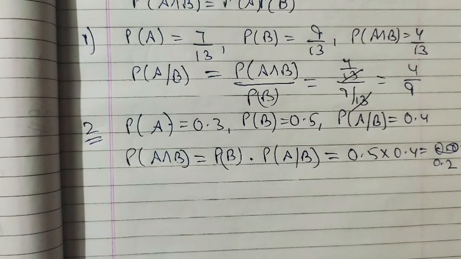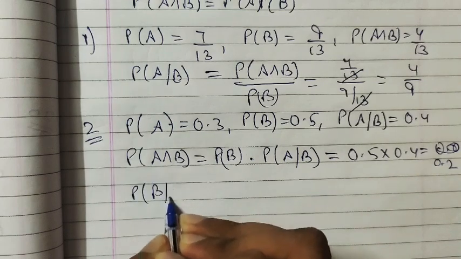In this, one more part is there, we have to find out probability of B upon A also.